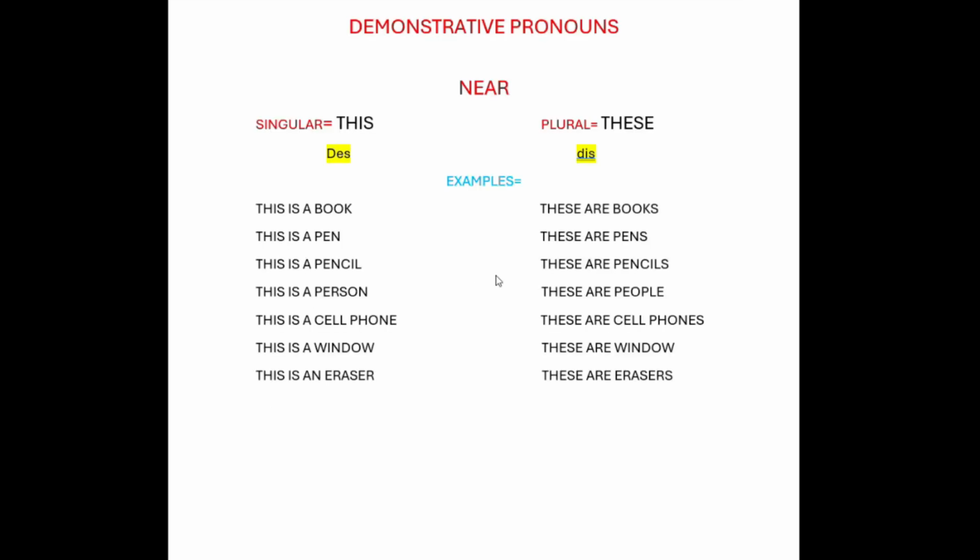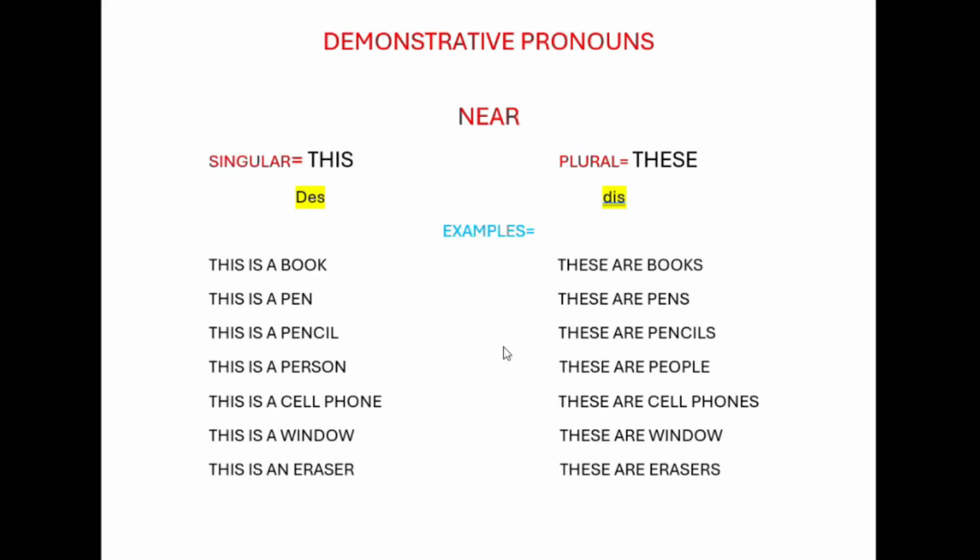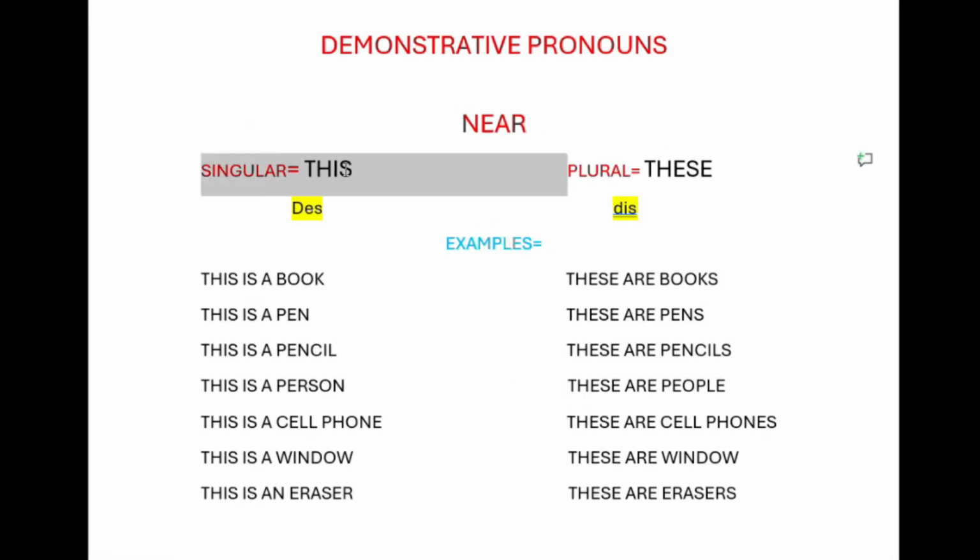So in this part, as you can see, it's about demonstrative pronouns. I'm going to take advantage of the vocabulary that we tried to pronounce before to use in these examples. The demonstrative pronouns, in this case, we have the singular form, that is this word.